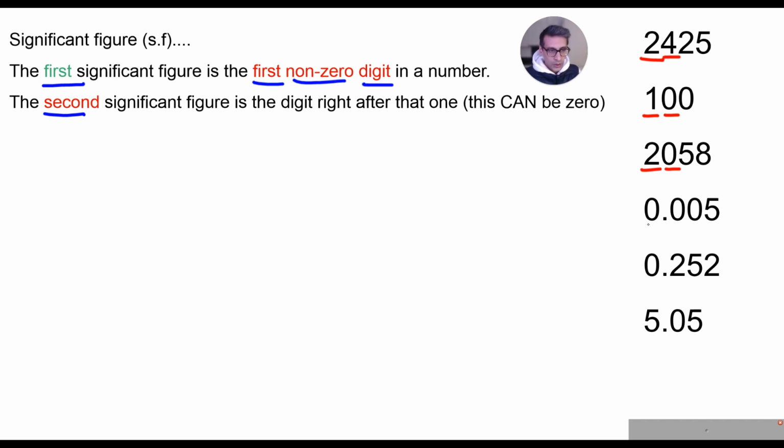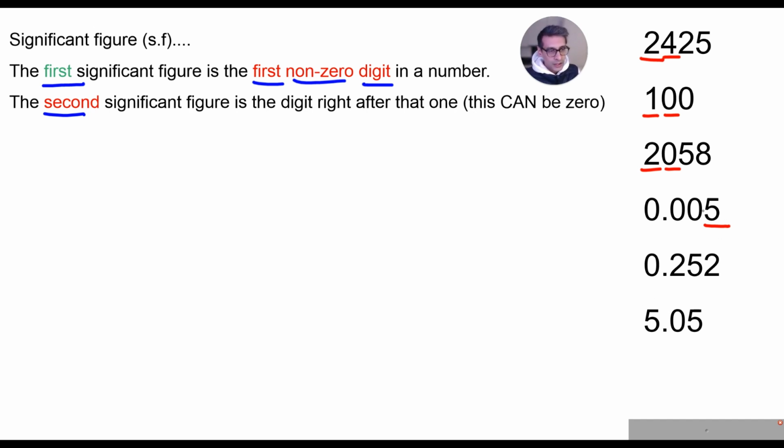Now here, we've got 3 what we would call leading zeros. So they're zeros before the first non-zero digit. So these 3 are leading zeros, and they are important because we can't just write this as 5. That would be an entirely different number. But because you've got these leading zeros, the first significant figure is 5. That doesn't mean to say that these zeros can be ignored, but it's just that the 5 is the first significant one.